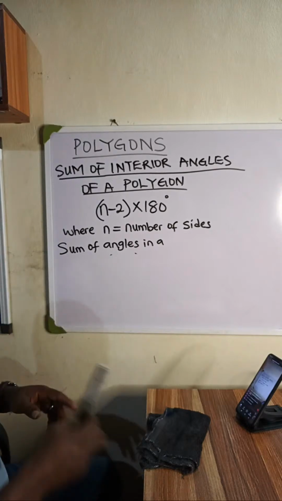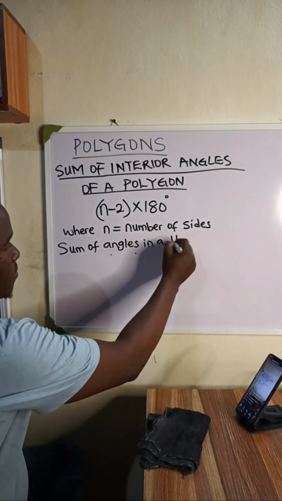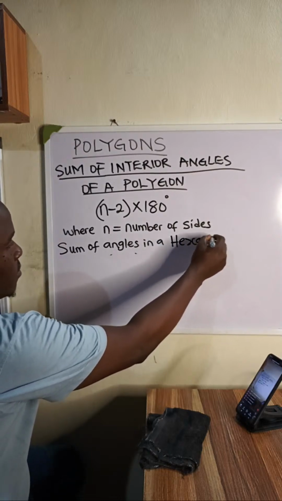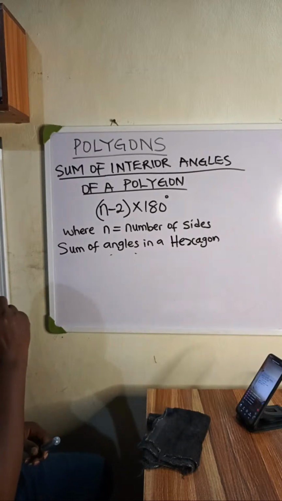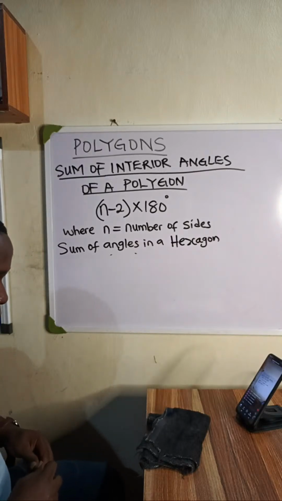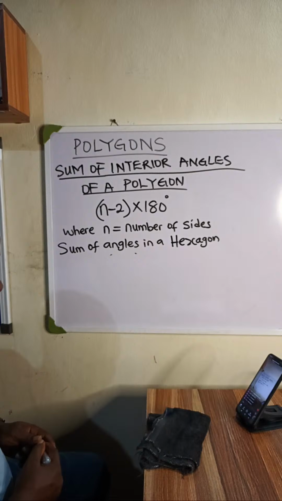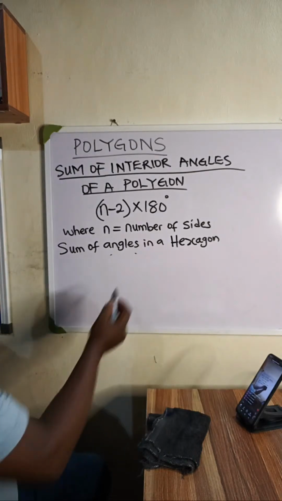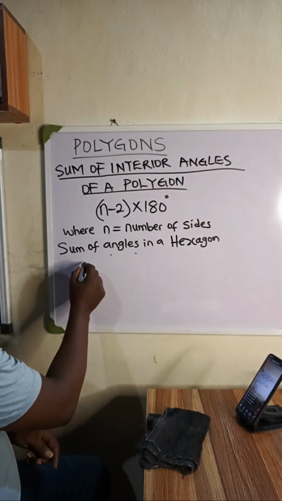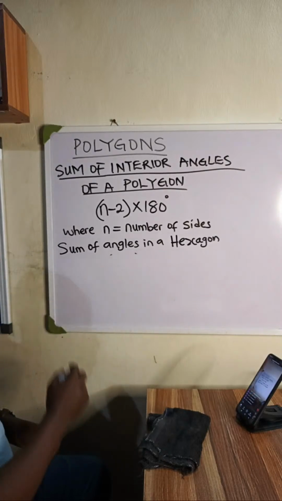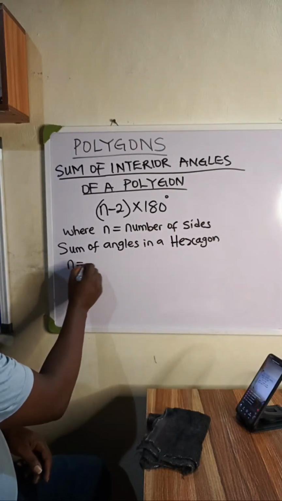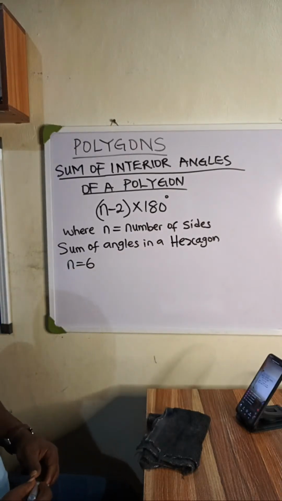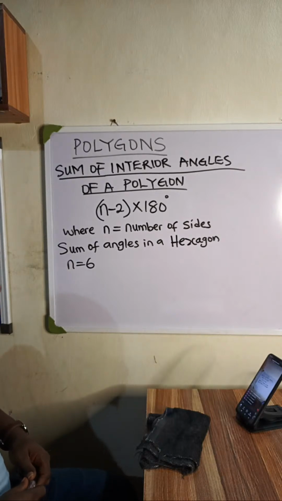Okay, so sum of angles in a hexagon. Has anybody done the sum of angles in a quadrilateral? Thank you so much. A hexagon has 6 sides, so for a hexagon, n is equal to 6.